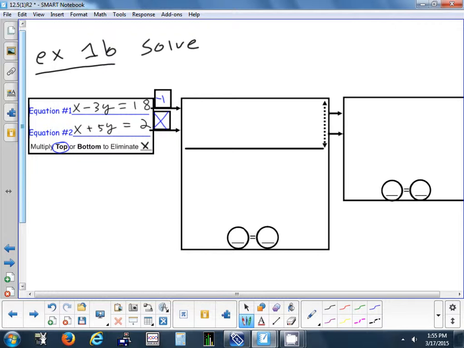Remember your goal is to try to get those 3 criteria Mr. Roy said yesterday: same variable, same number, opposite signs. What are we doing to the bottom equation? Nothing. Copy it over right away. It stays the same.